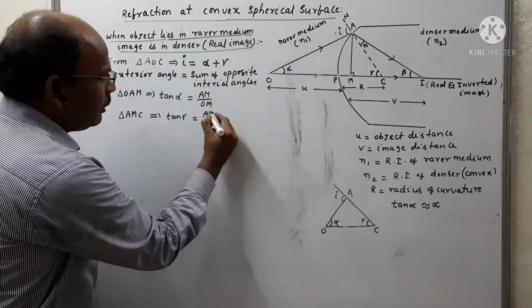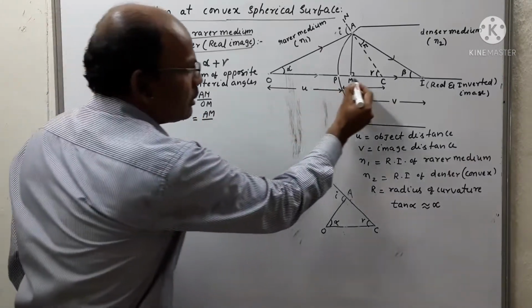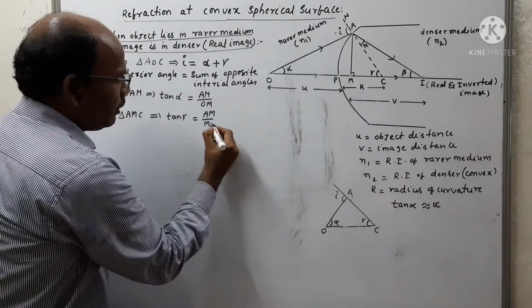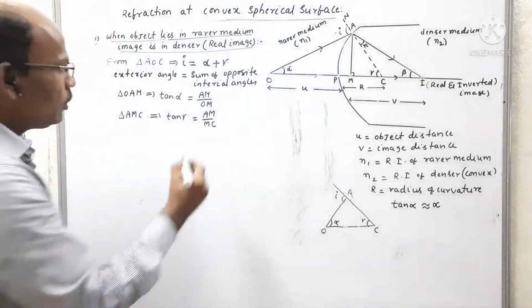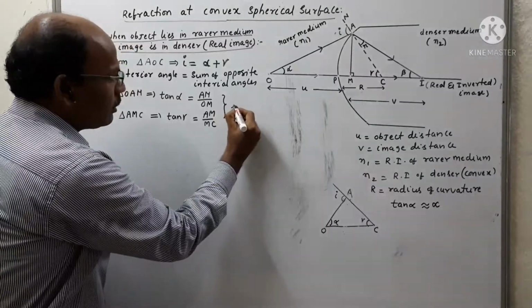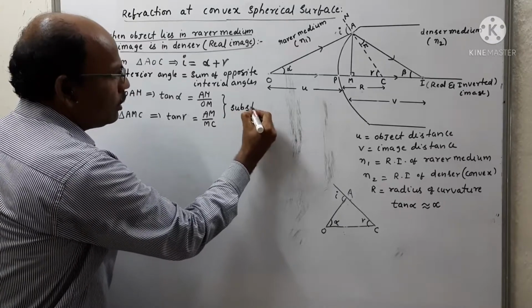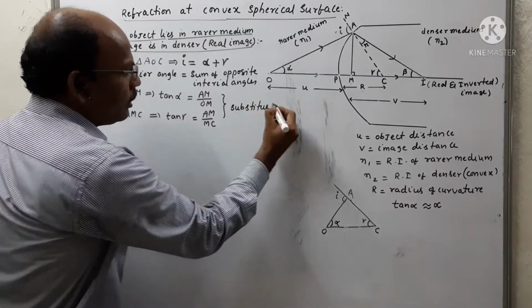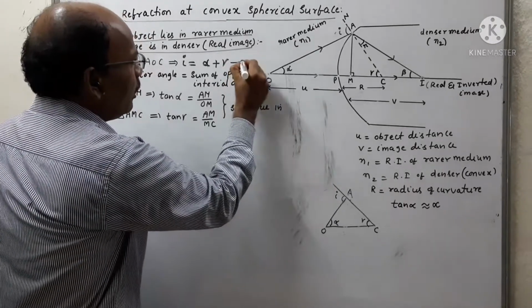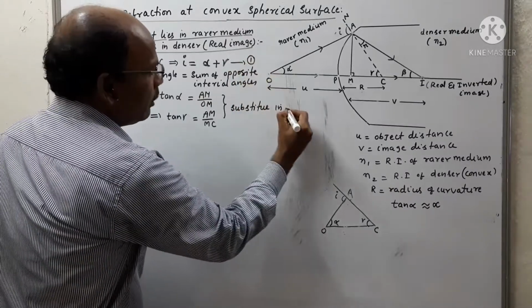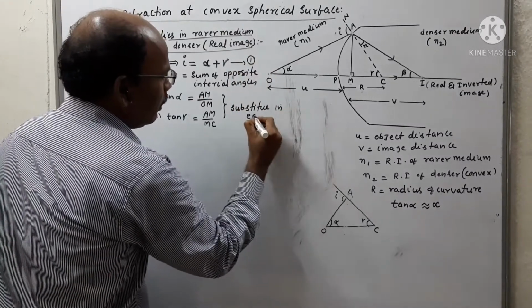Opposite side is AM by adjacent side is nothing but MC. So substituting these values in equation 1.